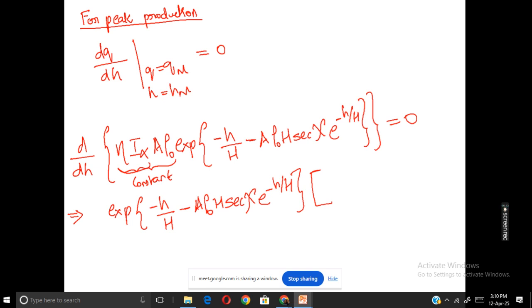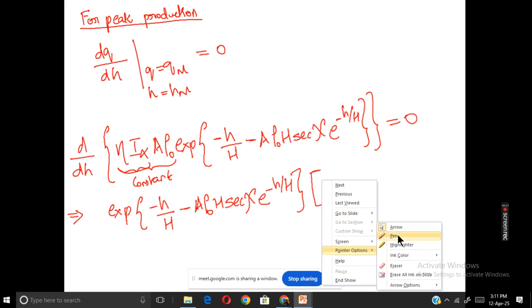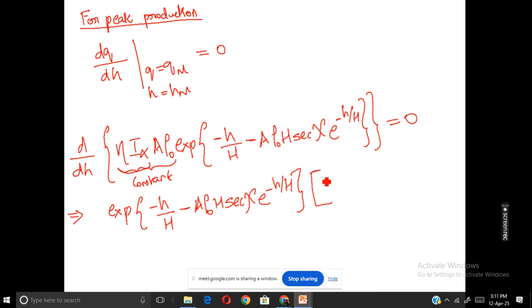And if we take the derivative of the remaining terms, it will become exponential of minus h by H minus a rho 0 H sec chi e raised to minus h by H into 1 by H, the derivative of this, plus a rho 0 H sec chi into e raised to minus h by H into 1 by H. So thus H and H will cancel out.